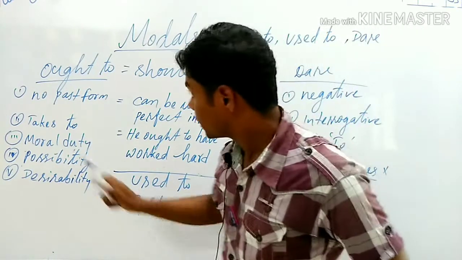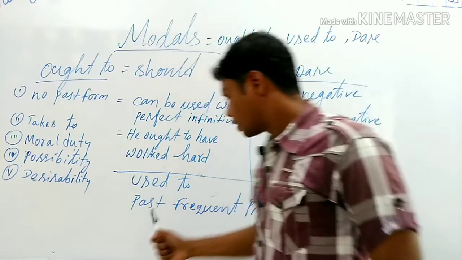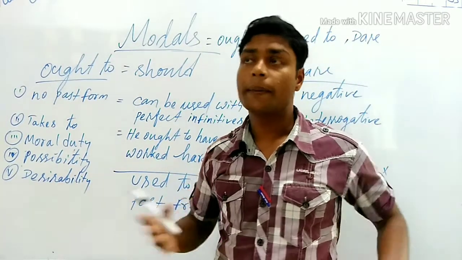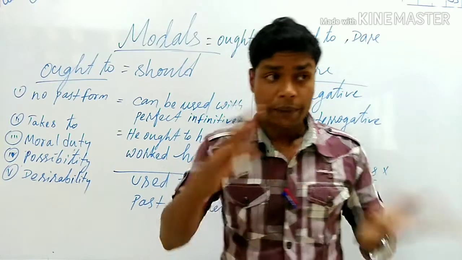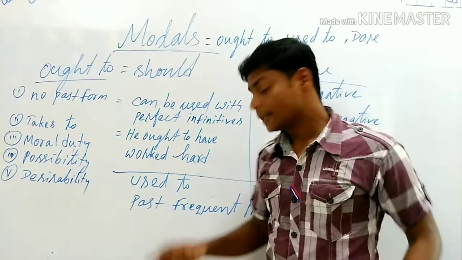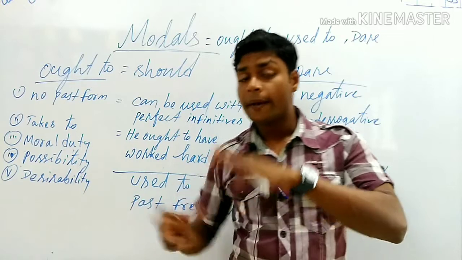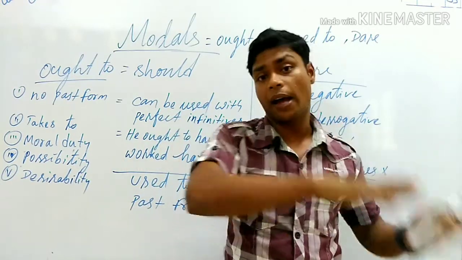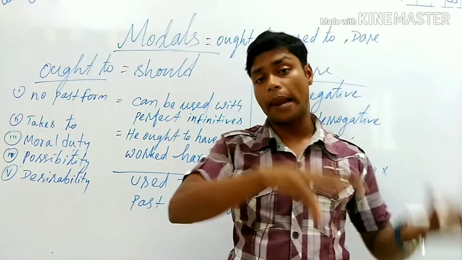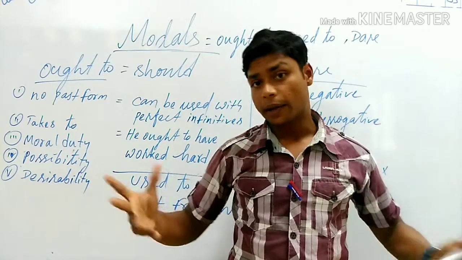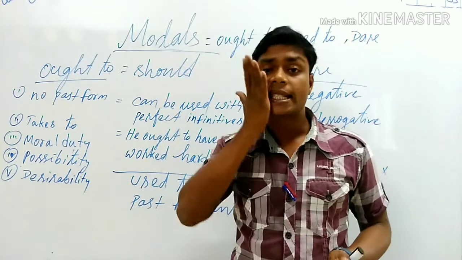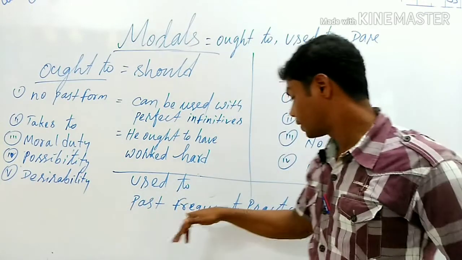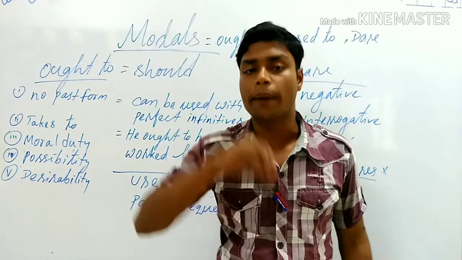One more thing about used to: when we want to express our past habits, the past habits of our life, when we are stating them in the present time, we say I used to have, or I used to play, or I used to take bath, or I used to do such and such things. So we use it to state the past habits or the frequent practices which we had in the past.